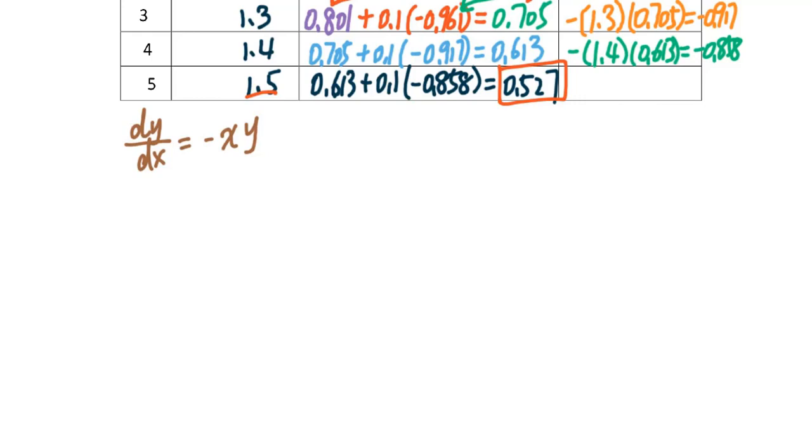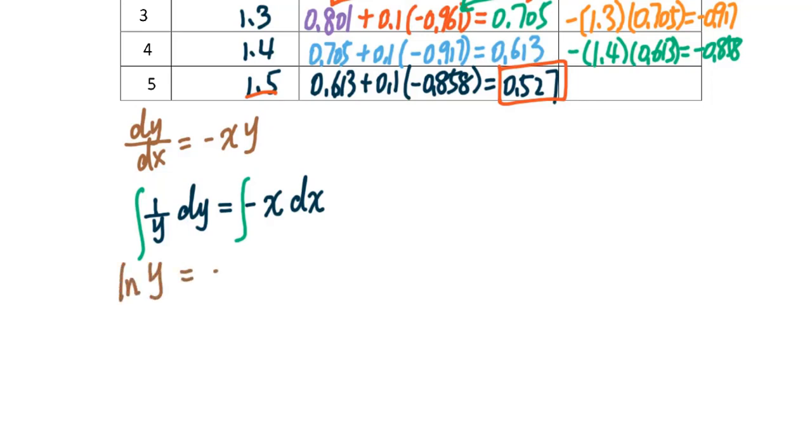Therefore, we can organize 1 over y times dy equals negative x dx. Then both sides, we will do the integral so that you will get natural log of y equals negative 1/2 x squared plus c.